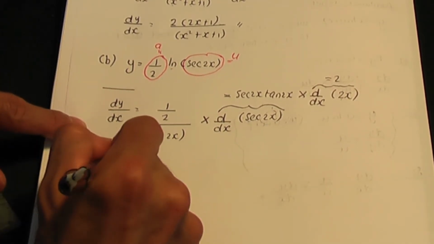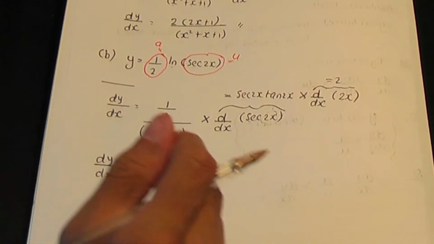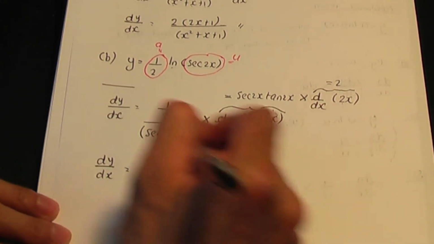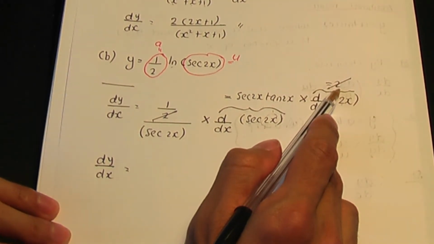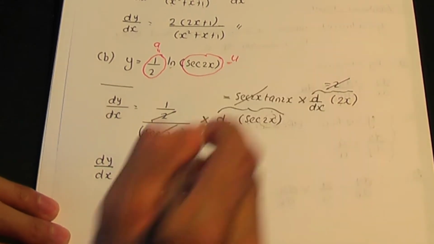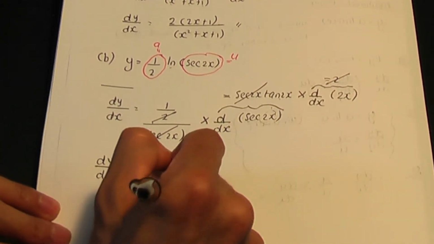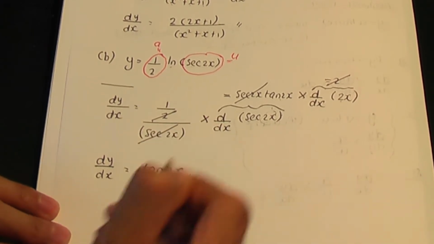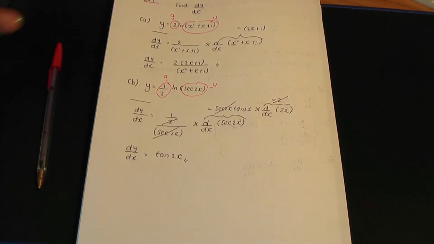So in this case, dy by dx, let's tidy this up. I can cancel this 2 over here with this 2 on top, and I can also cancel the sec 2x here with the sec 2x on top to give me tan 2x. So that should be the solution to part B.